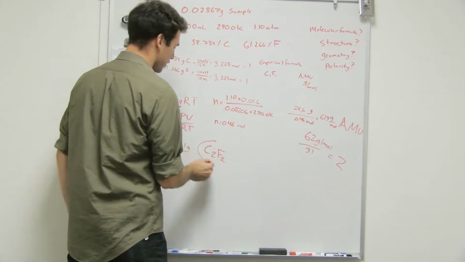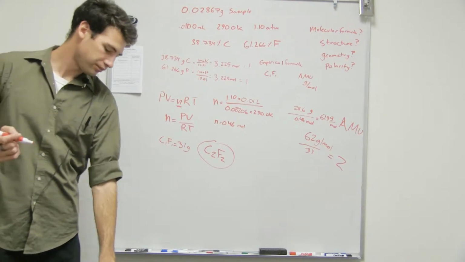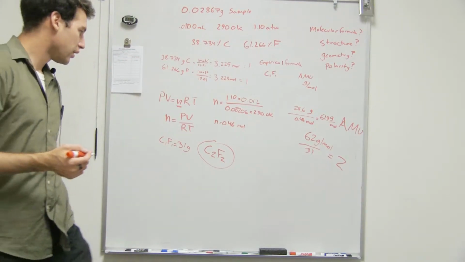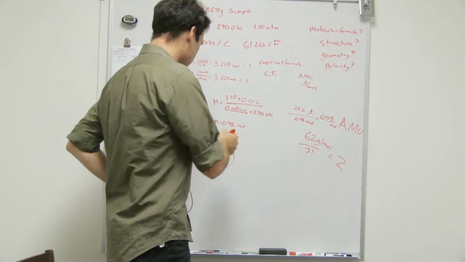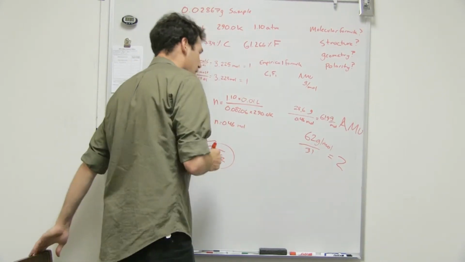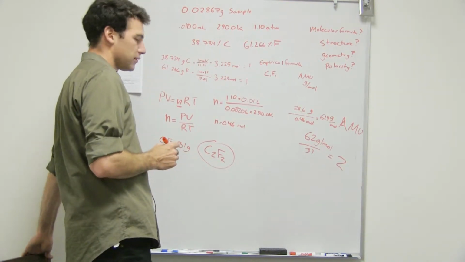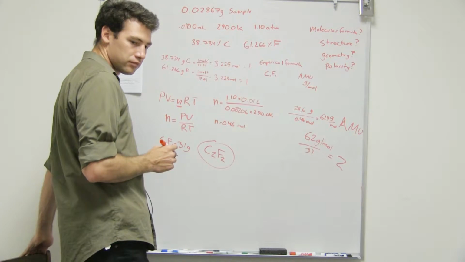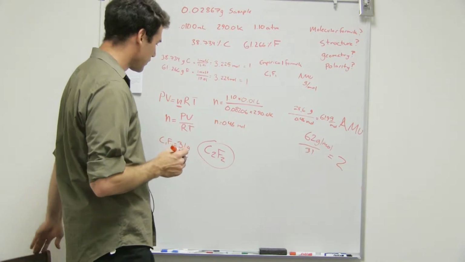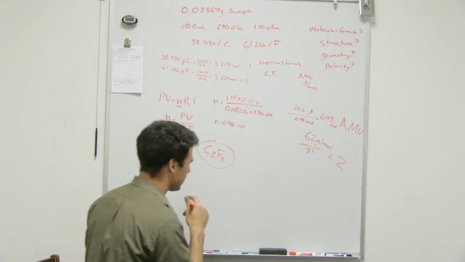This is our first part, the molecular formula. That's what we would plug in there. C, and then it's 2. Now we got to figure out how this thing connects.